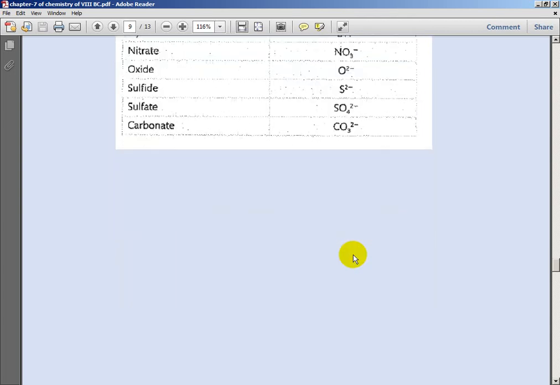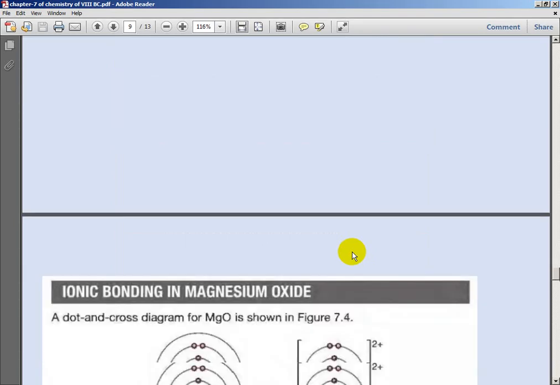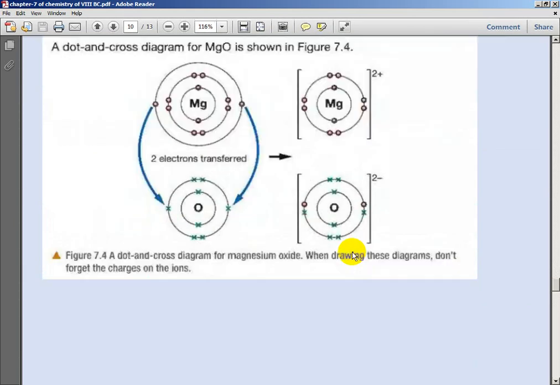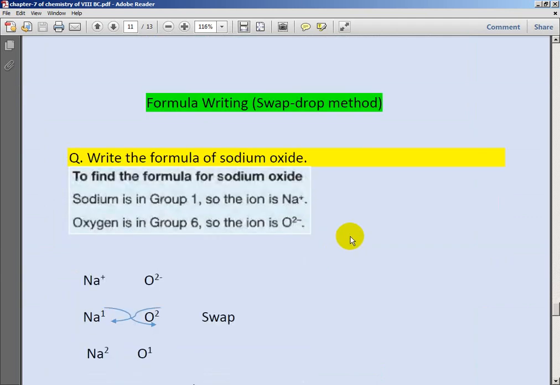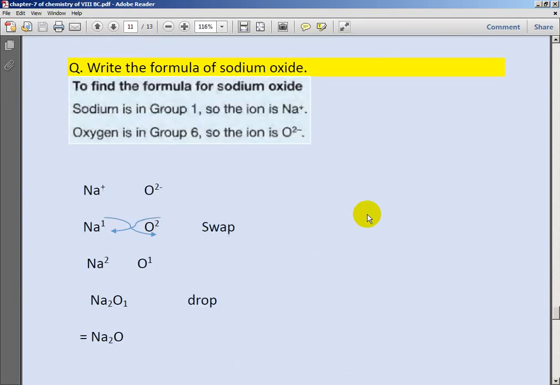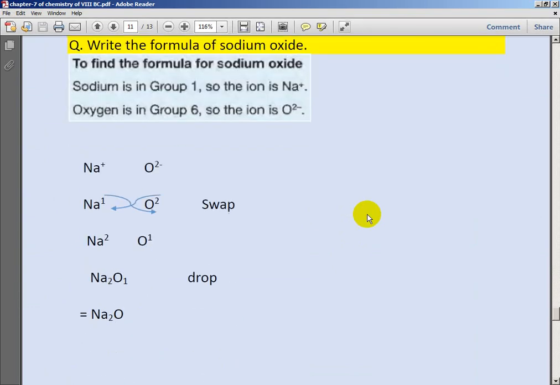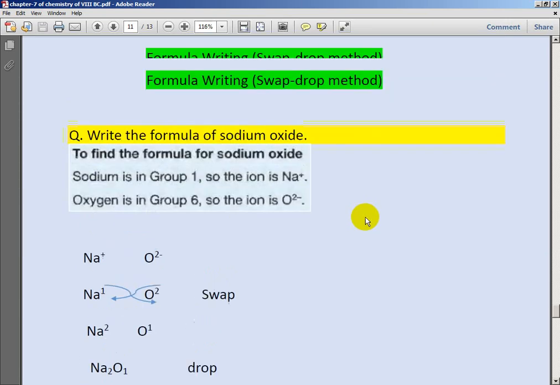Now we'll learn formula writing. We learn formula writing using the swap drop method. So write the formula of sodium oxide.